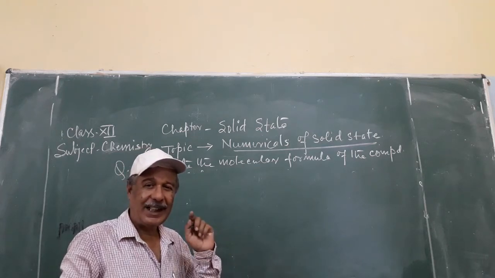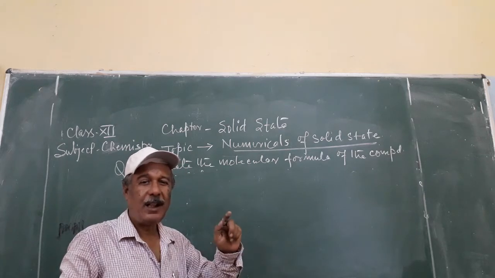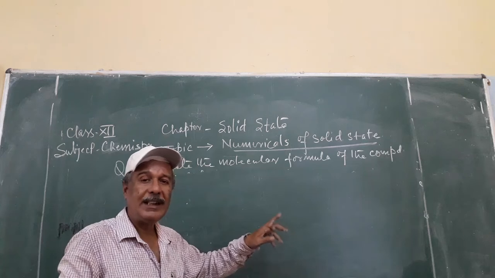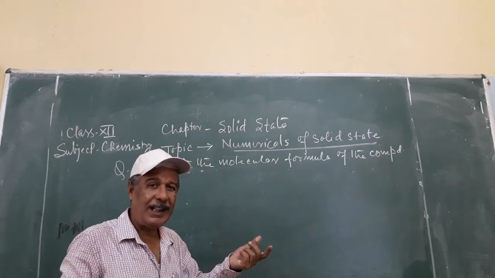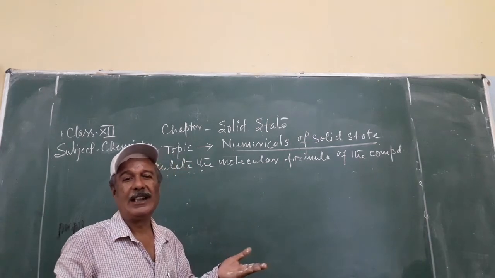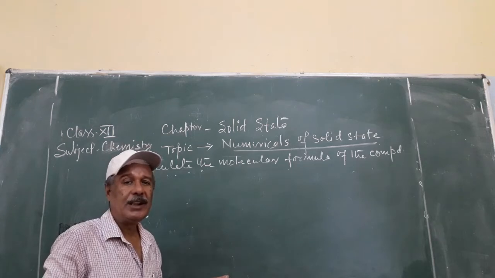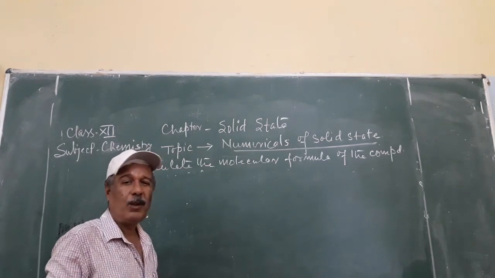If n number of atoms undergo close packing, then it will form n number of octahedral voids and 2n tetrahedral voids. So this data is also used to determine the molecular formula of the compound.